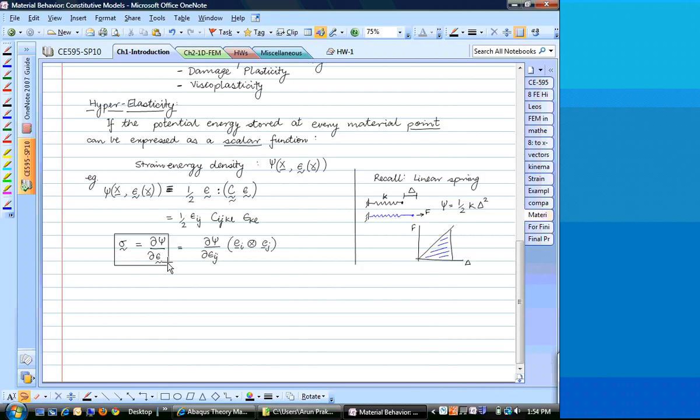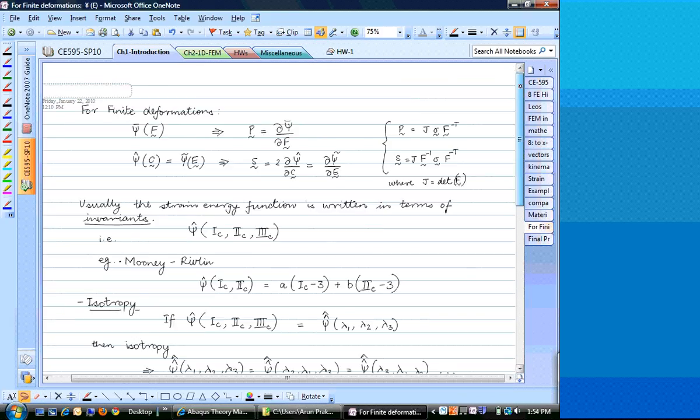Okay, so what that means is that Cauchy stress is work conjugate. Have you heard that term before, work conjugate? If you take half times small strain, linearized strain, times the Cauchy stress, then you get a measure of the strain energy. In the same way, for finite deformations, the work conjugate of F, the deformation gradient, is called P. P is the first Piola-Kirchhoff stress tensor.